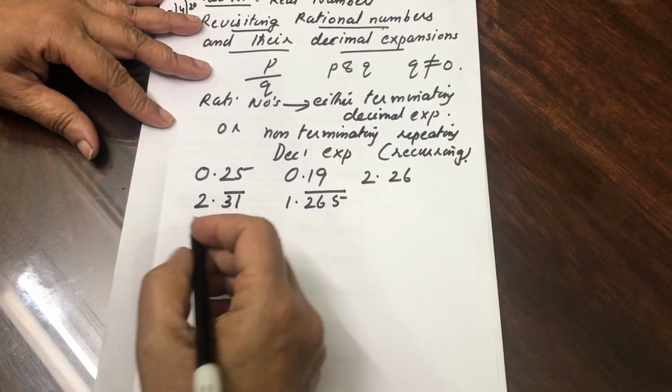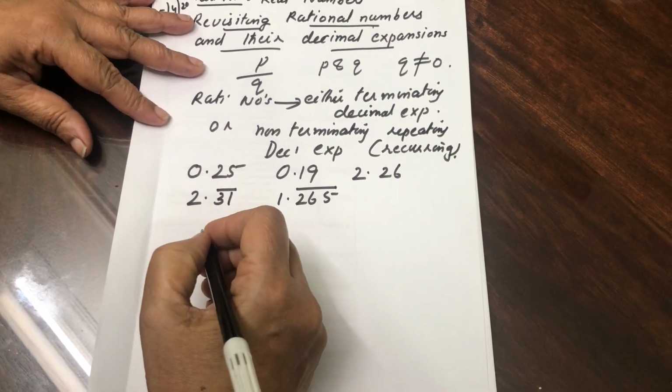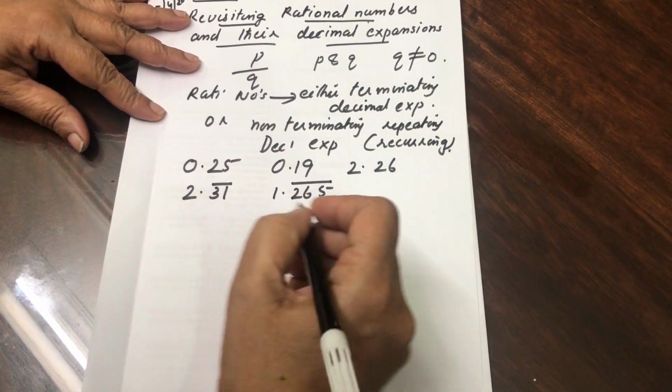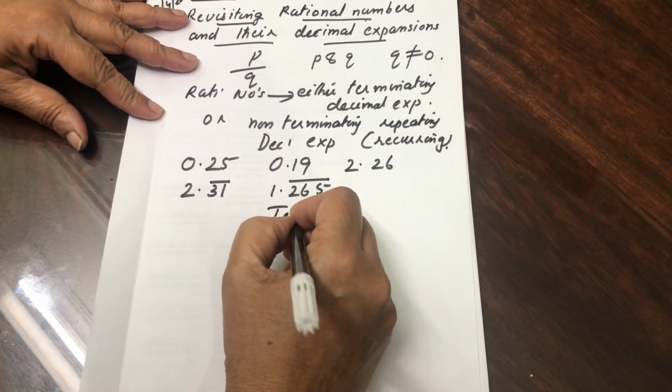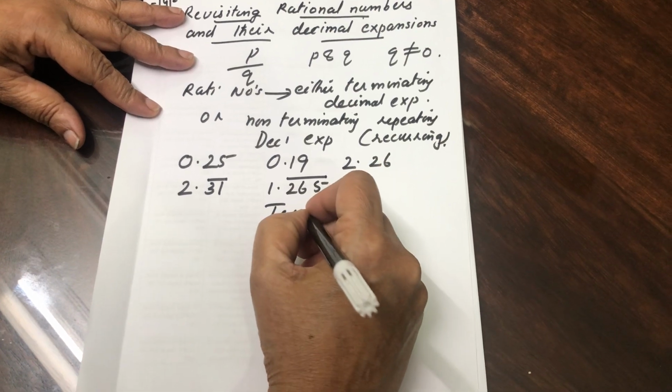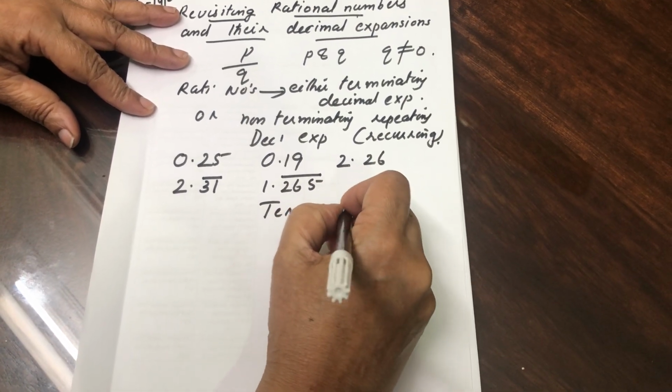Today, first we are going to learn rational numbers having terminating decimal expansion.